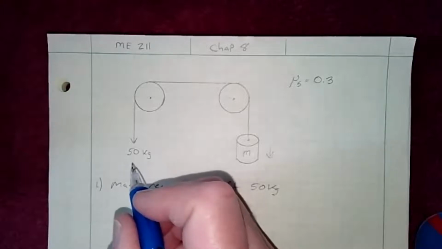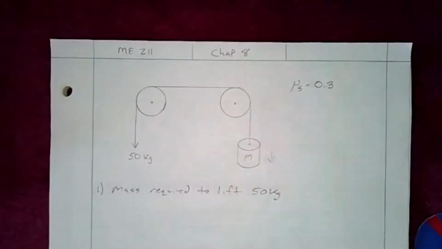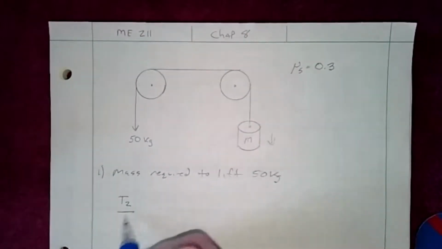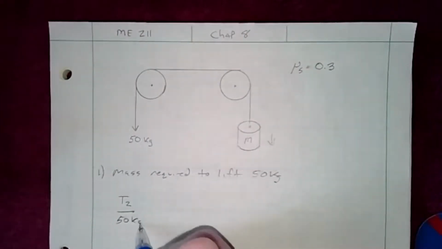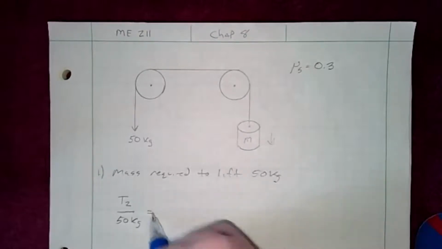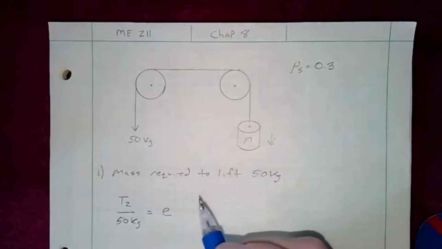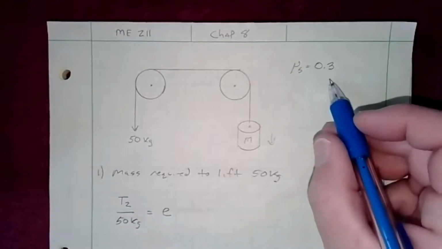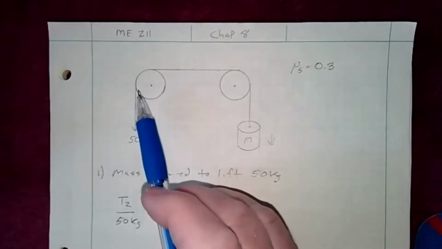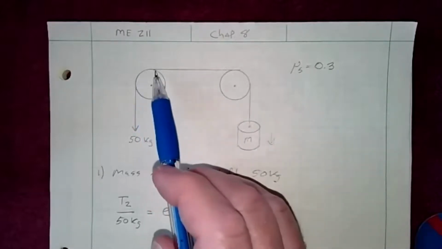So what we end up with then is we say T2 divided by 50 kilograms. And it doesn't matter if we multiply by gravity because it's a constant. And that's going to equal e. And in this case, we're given friction's 0.3, so 0.3. And then how much angle is there? Well, there's this and that.